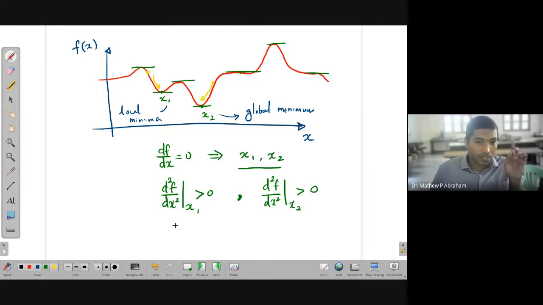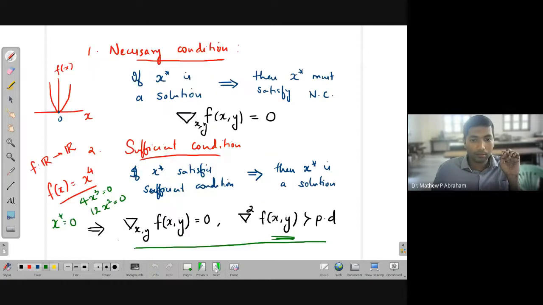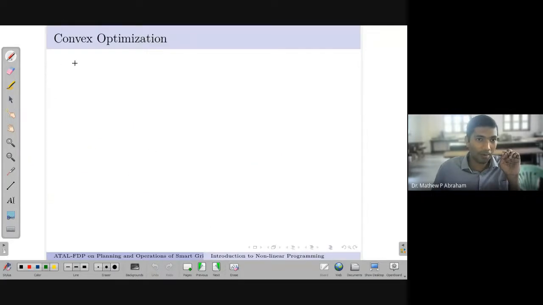One of the solutions to get rid of the problem of local minima is what is called a convex optimization problem. In the case of convex optimization problem, the key highlight is that there is no problem of local minima.